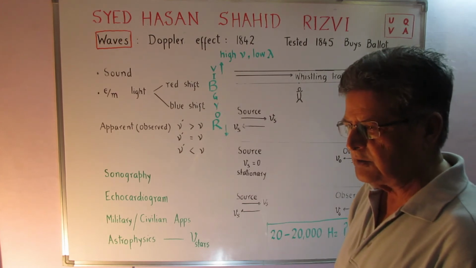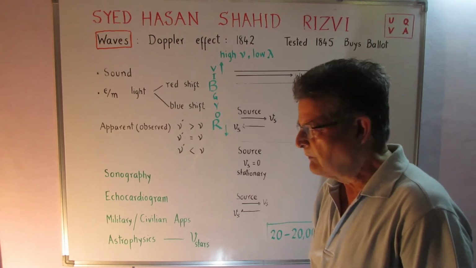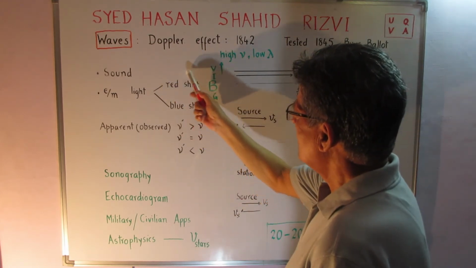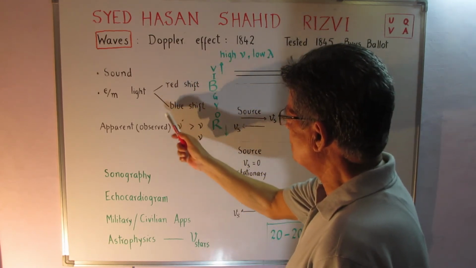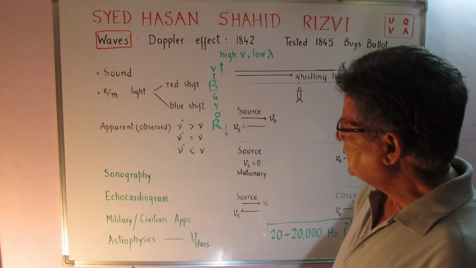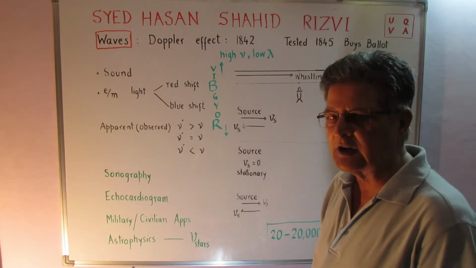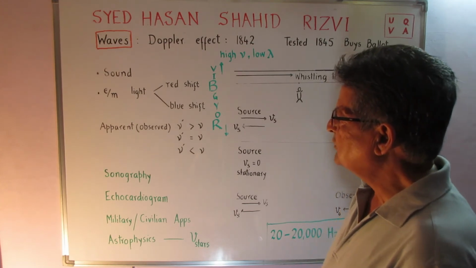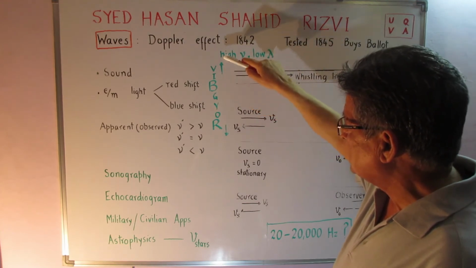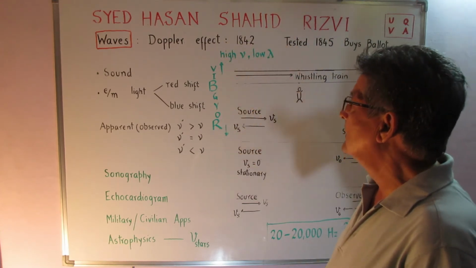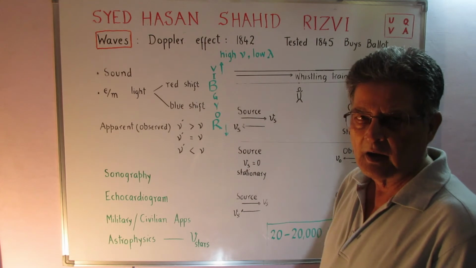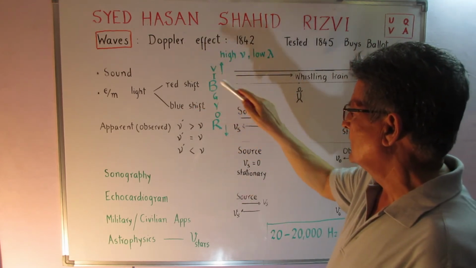So, in light, if the Doppler effect is applied, we find two words: red shift and blue shift. It doesn't mean that the shift is towards the red color or the blue color. If the apparent frequency increases, it is known as the blue shift. If it decreases, it is called red shift.